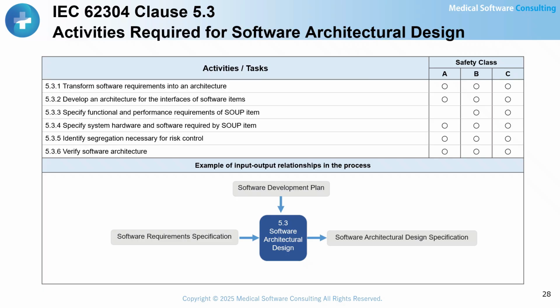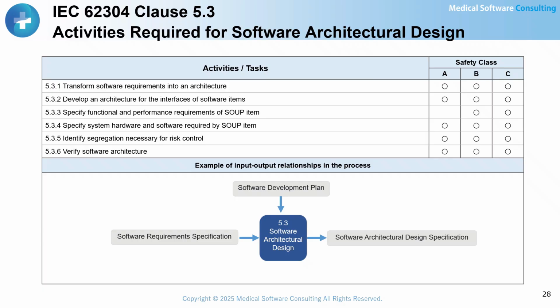Modeling tools can be used to represent how the device interacts with other systems and which software items within the system are connected. For commercial off-the-shelf software integrated into medical devices, known as SOUP, software of unknown provenance, it is important to specify the functional and performance requirements of the SOUP, as well as the system hardware and system software that the SOUP requires.